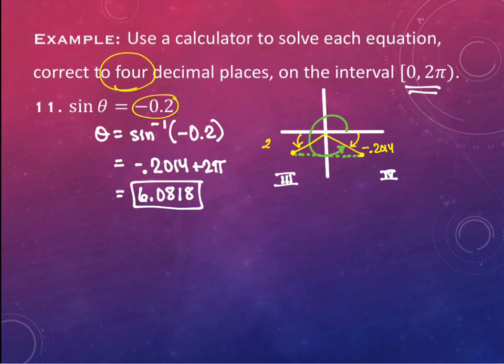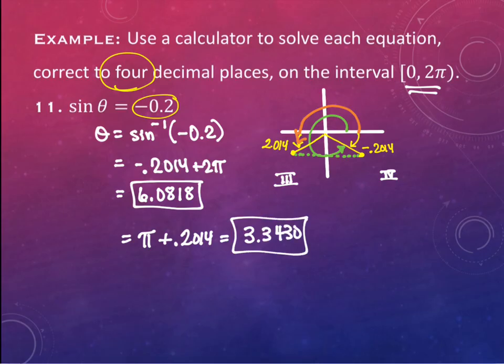But again, I want to go all the way around from the beginning to here, right? So I actually have to take my pi, that gets me part of the way, plus 0.2014 to get me there. And if I do that, I will get 3.3430. So we're working with our unit circle, but we're working with it alongside the calculator.